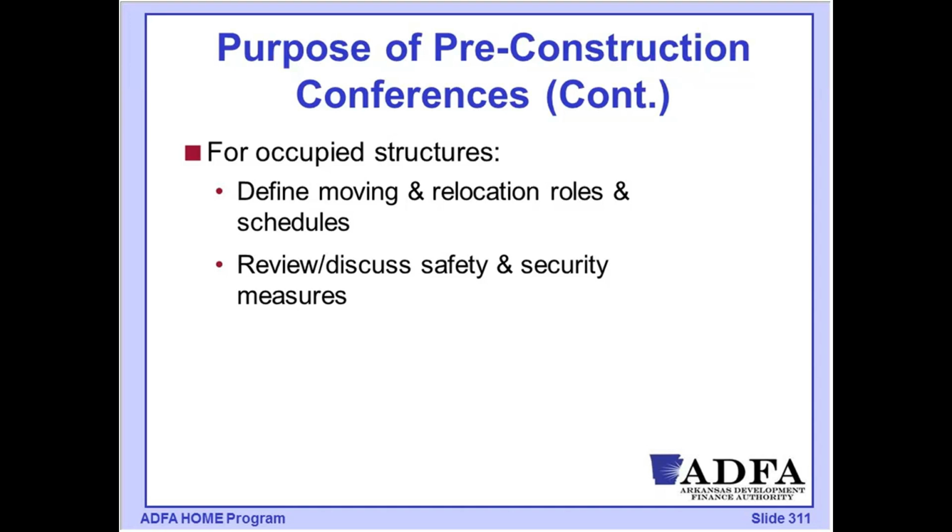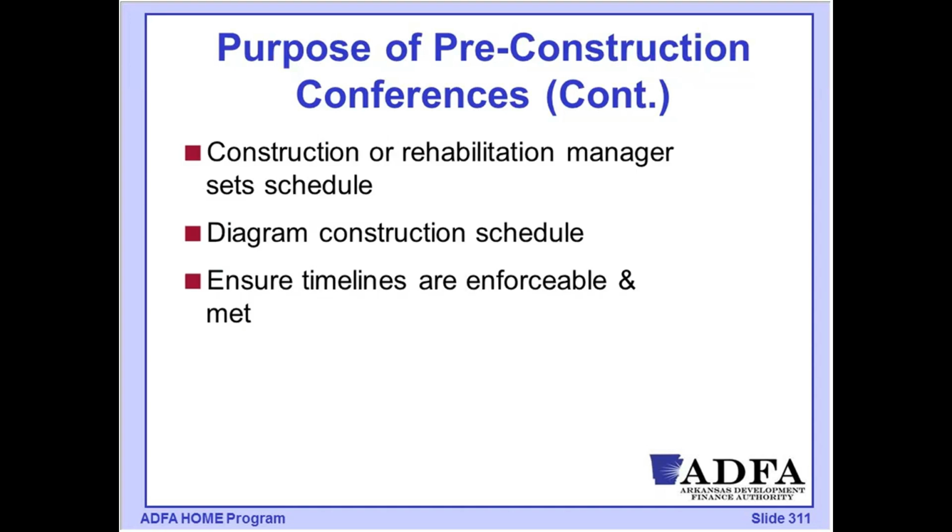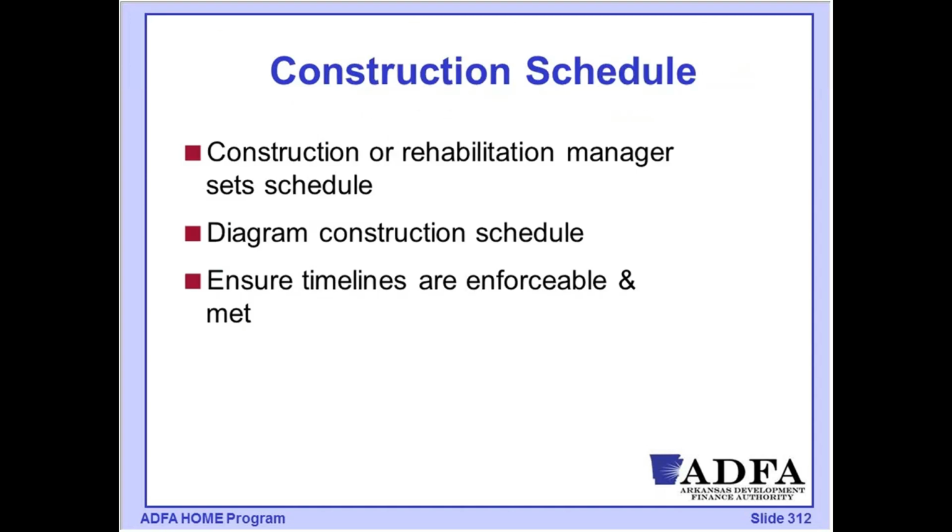And so whether it's under Uniform Relocation Act, which we'll talk about in the other federal section, or it's simply a voluntary with a homeowner rehab where we say, between 8 a.m. and 5, we're going to need full access to the unit, and during these specific time periods, there will not be functioning water or heat or whatever. Would need to be something that would be covered and discussed and planned for as part of that pre-construction conference.